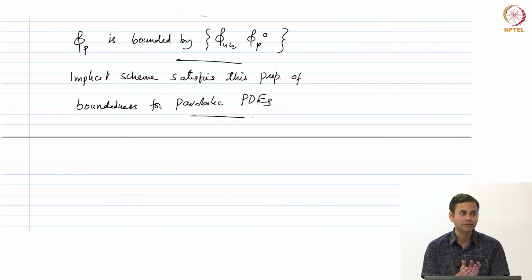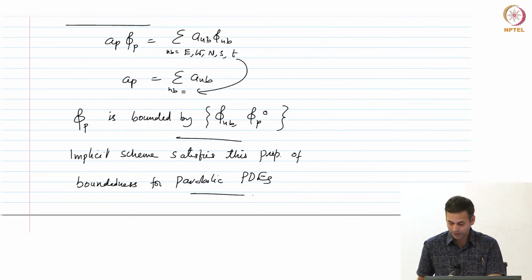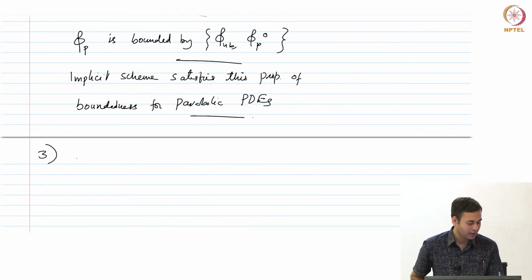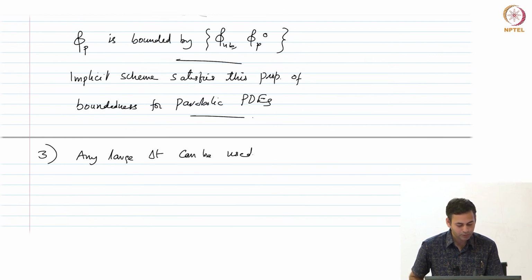Now, that does not sound quite right, because you may get a solution which is not infinite, but it may not be accurate if you take a very large delta t. So, the delta t you take from implicit schemes is of course much larger than the delta t that can be taken by the explicit methods, whereas this delta t cannot be so large that the solution is inaccurate. Okay. So, one of the comments is any large delta t can be used.